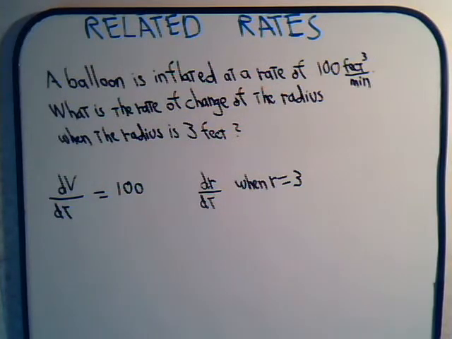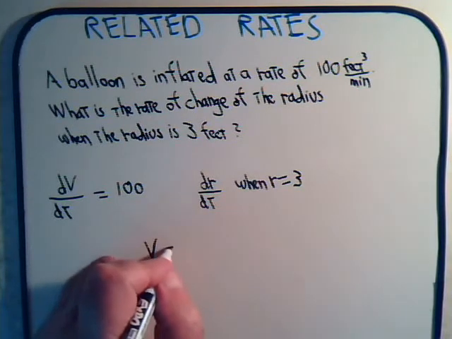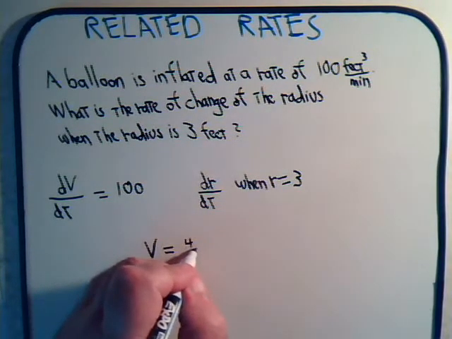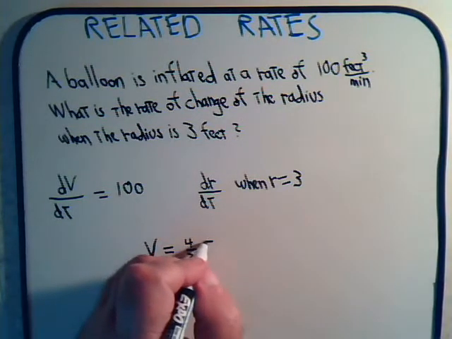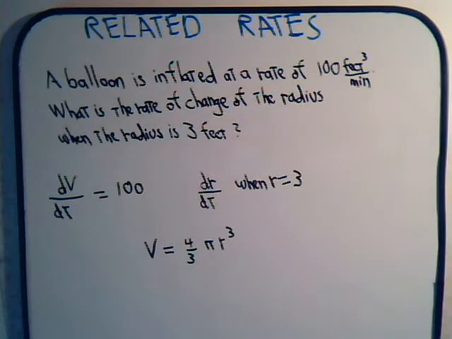And obviously the equation that we're looking for is volume for a sphere equals 4/3 pi times r cubed. Now, with this, if we take the derivative of both sides of the equation, over here we'll have dV/dt, over here we'll have a dr/dt that comes out, so then we'll have an equation that relates dV/dt to dr/dt.